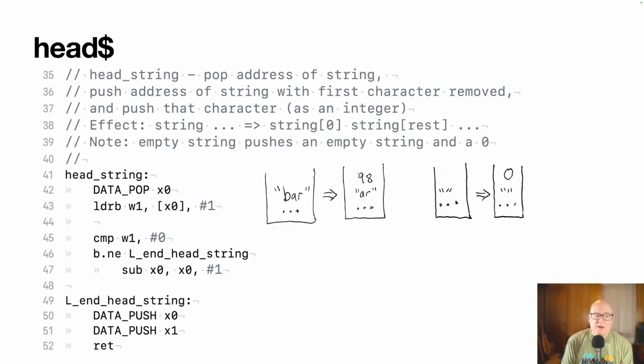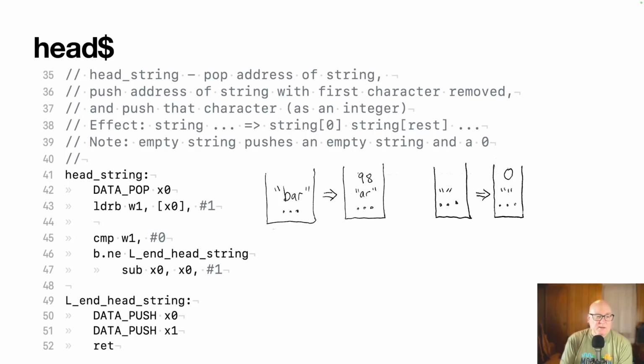We compare the byte to 0, and if it's not 0, we go down to 49. If it is 0, we back up the pointer 1, because at the empty string we want to leave it returning the empty string, so we don't want to move forward in that case. So here we're retroactively back patching it with one lower pointer.